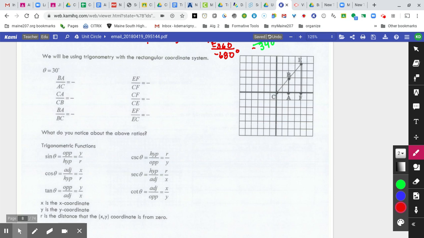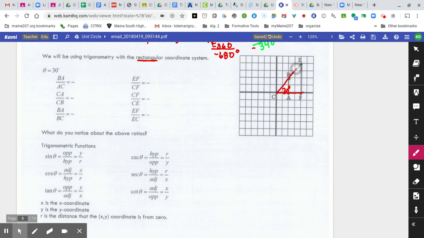So if we were to draw a 30-degree angle, we're going to pick our color red. If we were to go to a triangle that's drawn on this regular rectangular coordinate system, and call this 30 degrees, then you can see that we can drop down a perpendicular line anywhere we want, as long as it goes from here to here.